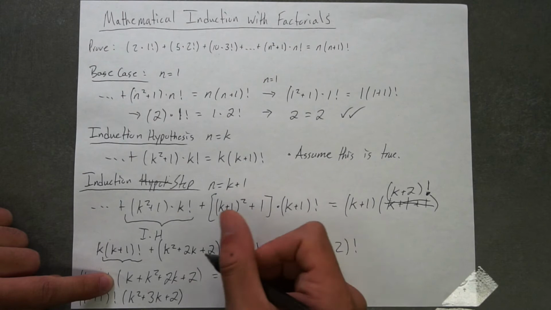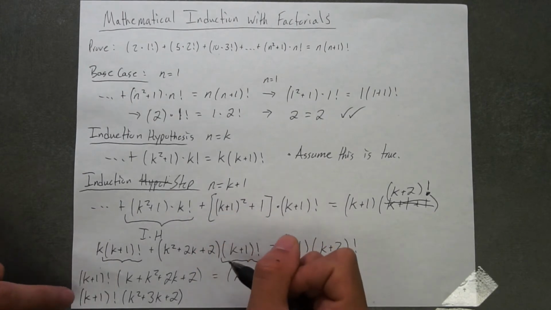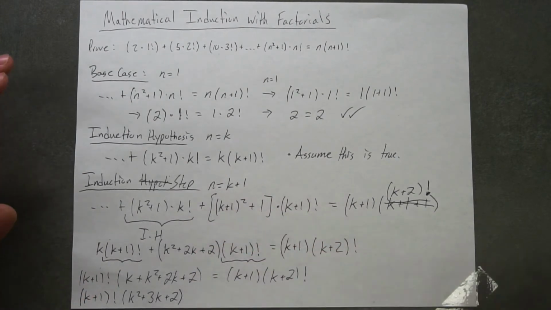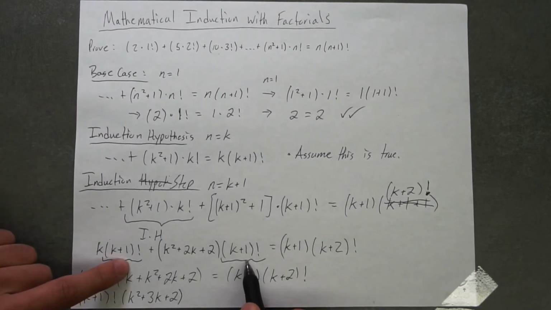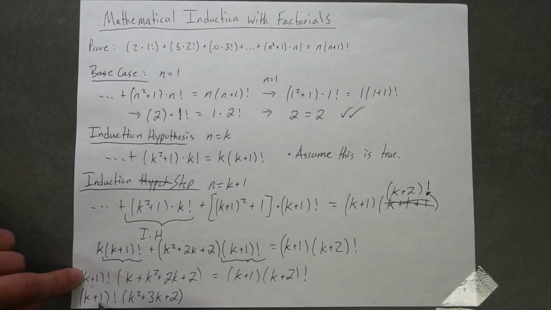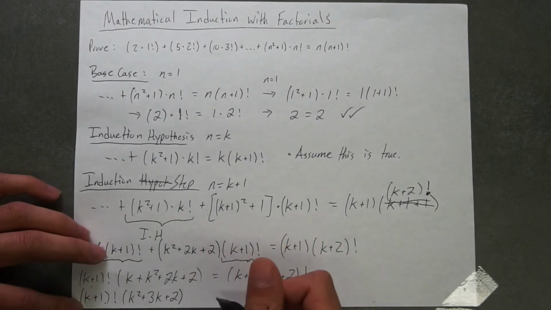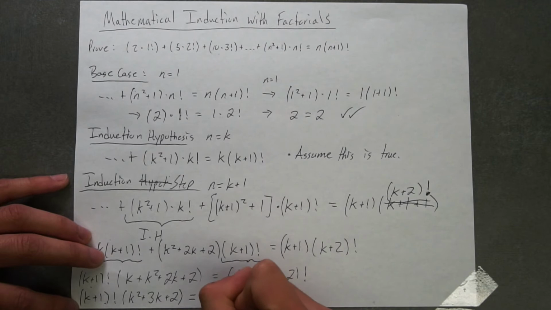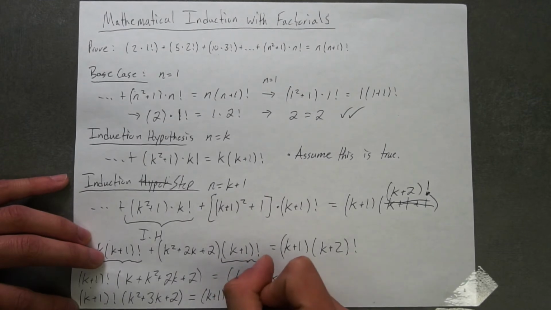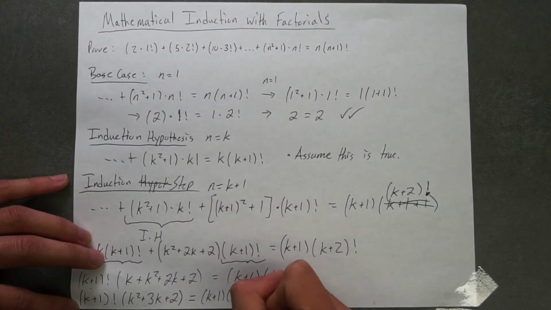In the previous step I accidentally dropped, no I didn't, forget that. I didn't drop anything. I forgot that I factored out this k plus 1 factorial here. So it's still there. Continuing, we set this equal to k plus 1 times k plus 2 factorial.